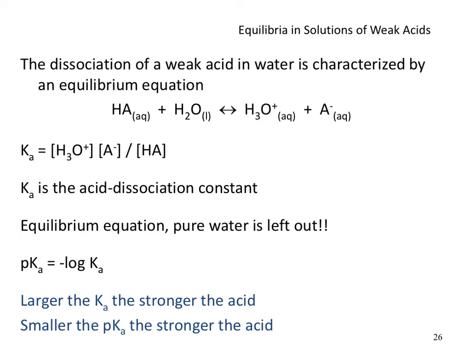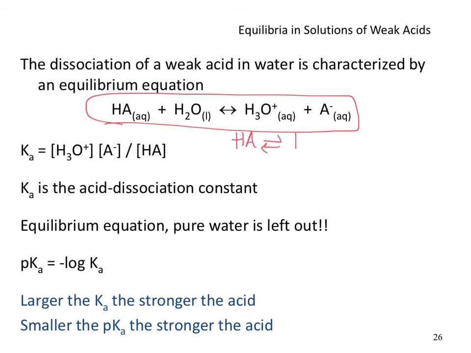Basically, the dissociation of the weak acid, when you put it in water, can be characterized by this equation. I have a general formula HA plus water, and that's an equilibrium to give you hydronium plus A negative. So one can say that basically HA has undergone dissociation to give you the proton and the A minus.